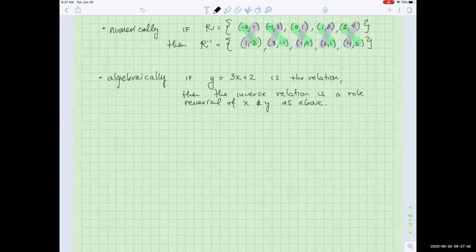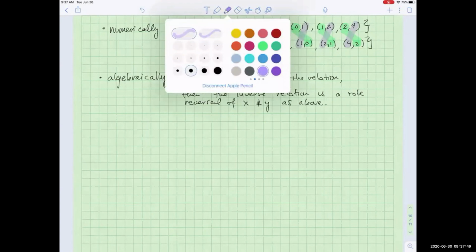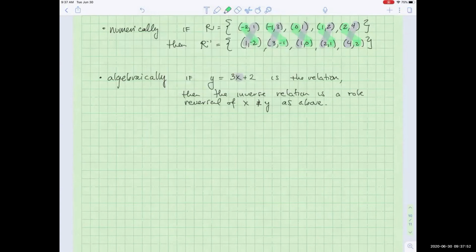We color code our x and our y the same way. Then what we get is x equals 3 times y plus 2. We took x and made it y, and we took y and made it x. So this is the inverse relationship.